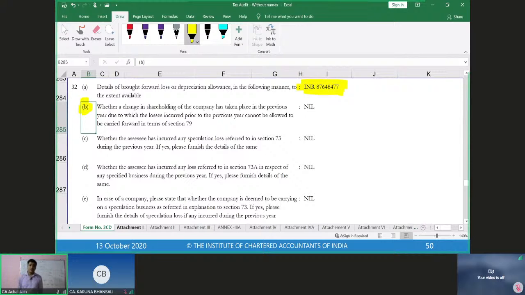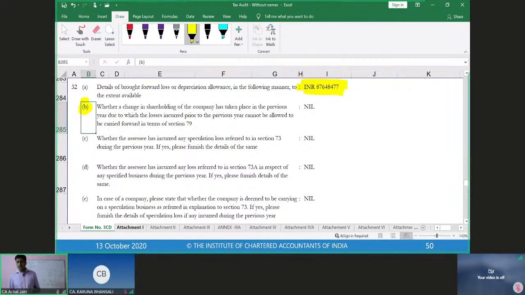And in respect of all of these changes in the shareholding which would have been taking place, and to check whether this has got some relevance in relation to section 79, he will have to understand the nature of this transaction.